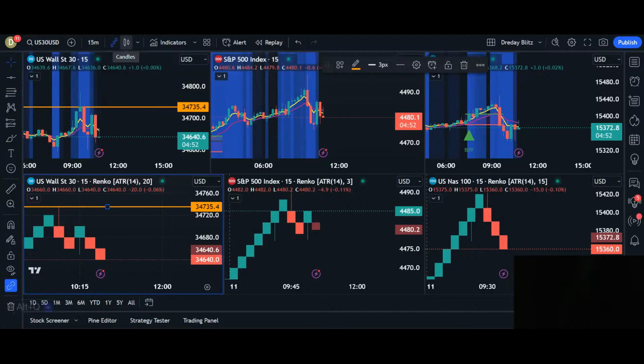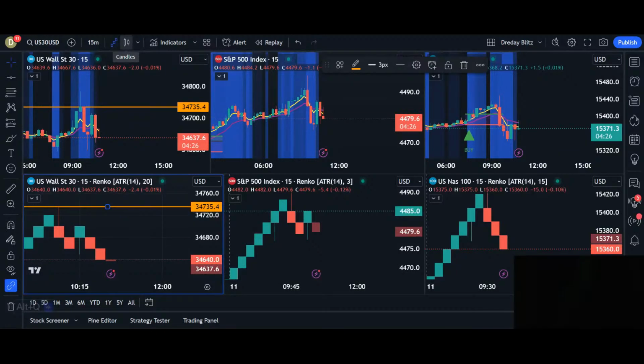Since it's the market open today, for sure you're gonna have some not good movement here in the market. Most of the time, it's not moving a lot, but tomorrow we should have some good setups that come in. But right now, the best setup so far is the US 30 on the sell side.